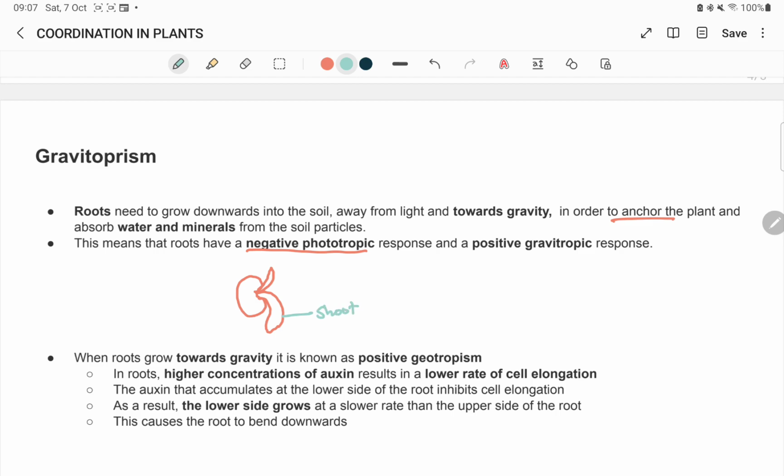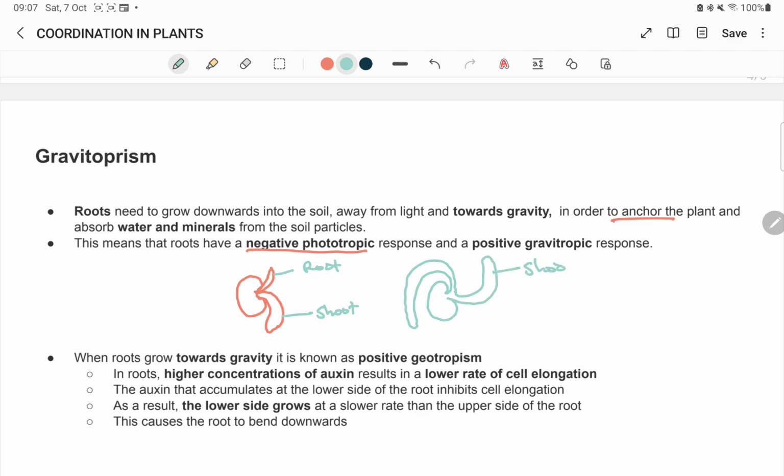So if by any chance we have a situation where you put it upside down, where you have this being our shoot and this being our roots, due to the positive gravitropism, the root will grow downwards and the shoot will grow upwards.